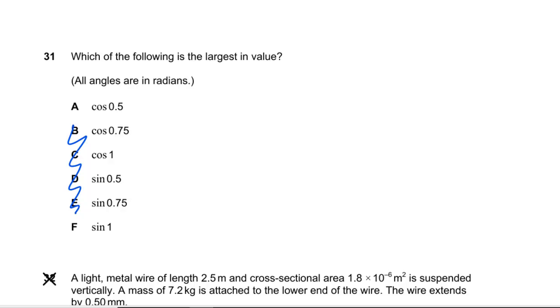So which one is going to be closer to the end? With cos, we're starting here. With sine, we're starting here. So this one is closer to 0 than that is to pi over 2. So it's going to have to be A.